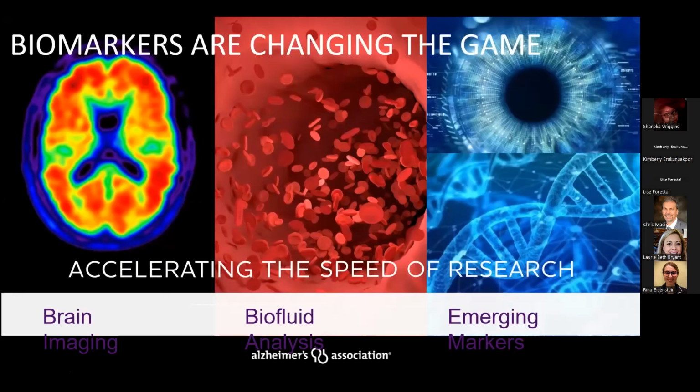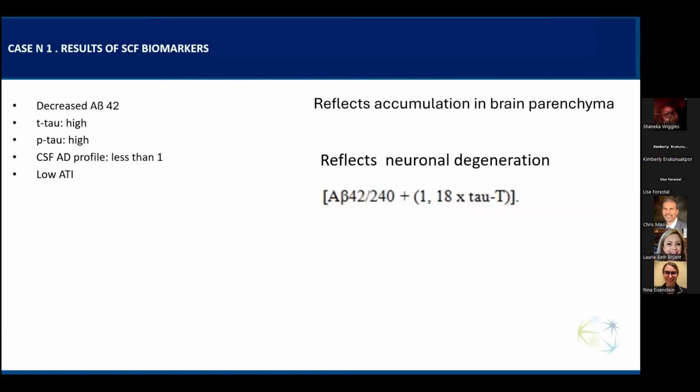So in this case in particular, I wanted to have biomarkers because I really want to answer this question: is MCI in this patient due to Alzheimer's disease pathophysiology? So in this case, we did a CSF tap and we analyzed for the proteins that are abnormally accumulated in Alzheimer's disease.